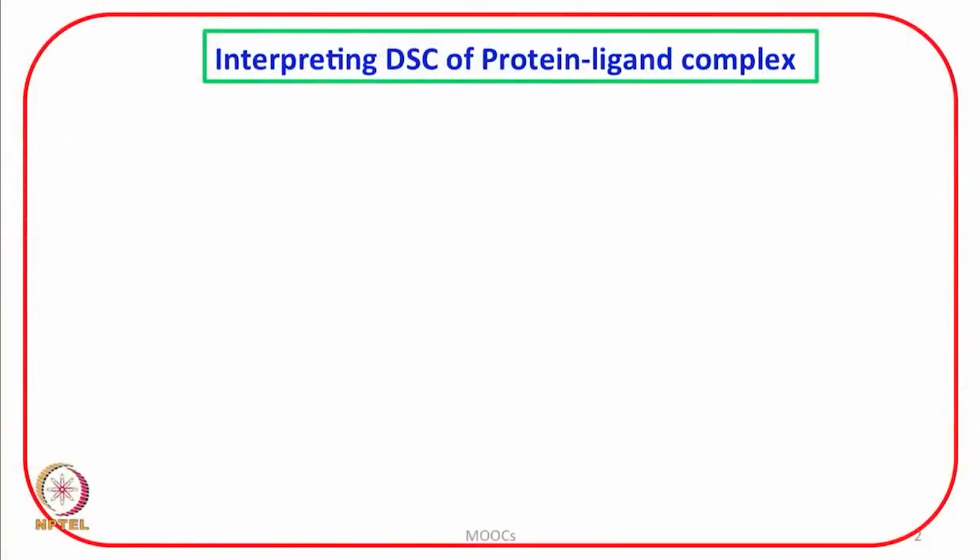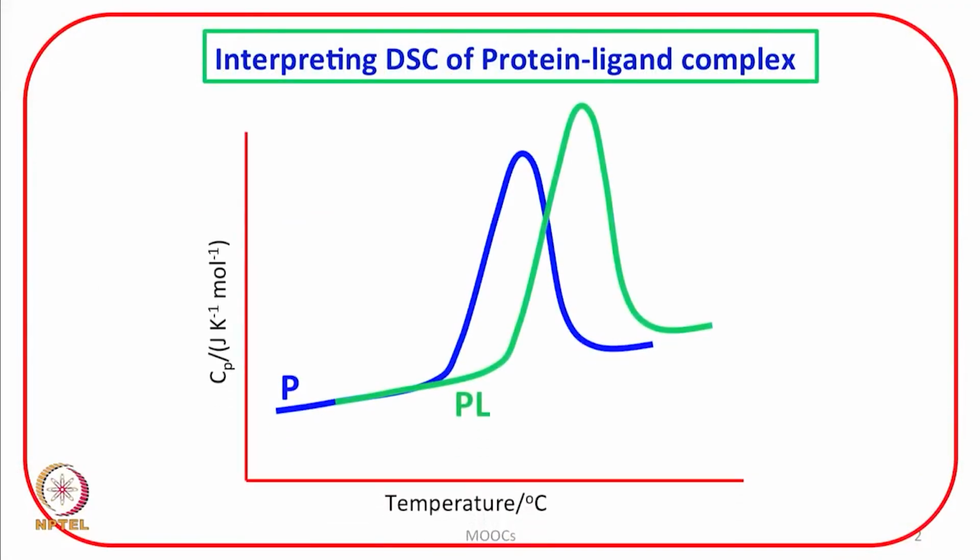Now, let us take a look at how to interpret the DSC of protein-ligand complex. As discussed in one of the previous lectures, let us take a look at this slide.